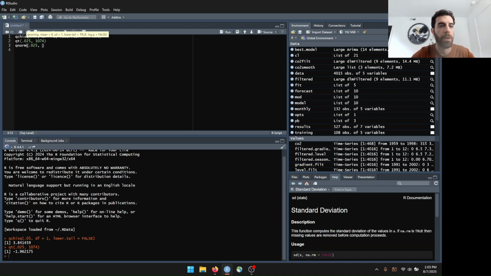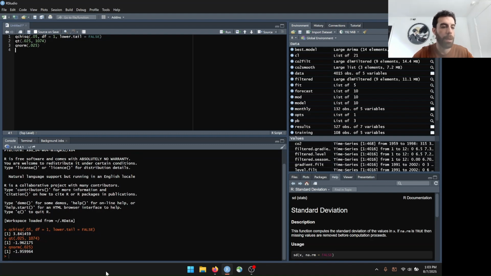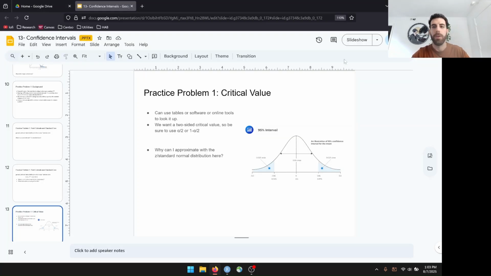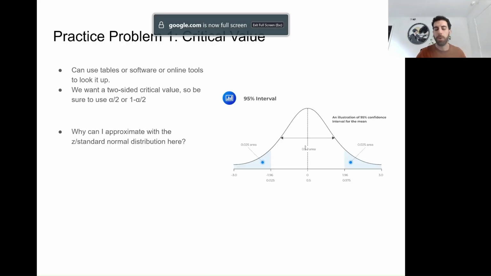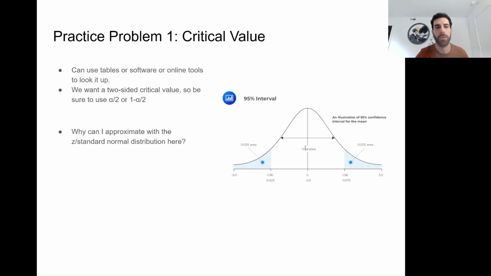Let me just check real quick. That's all I have to specify because there are no degrees of freedom. And you can see the difference between the two is very small. So those are a few ways to get your critical value, but as I mentioned, 1.96 is a really common one that you'll use all the time.